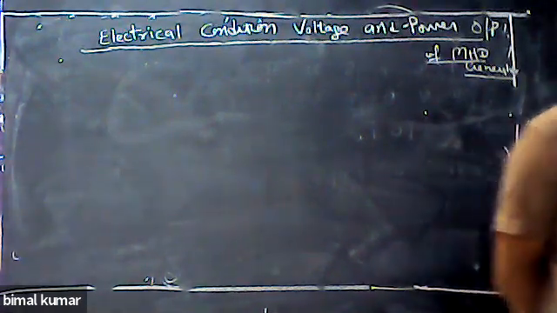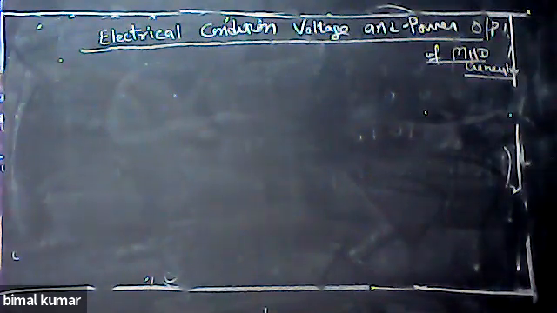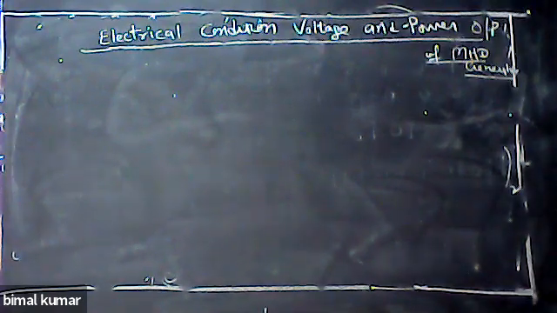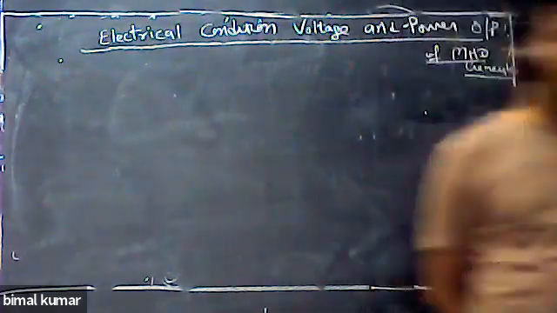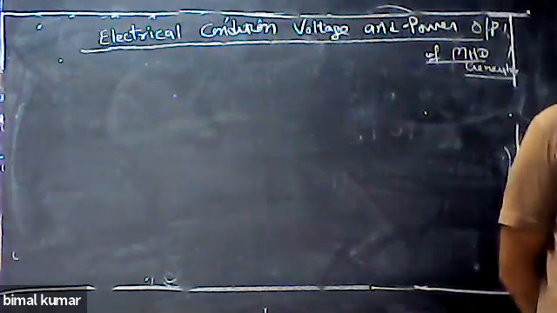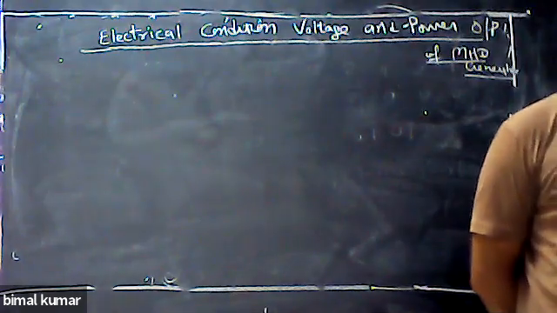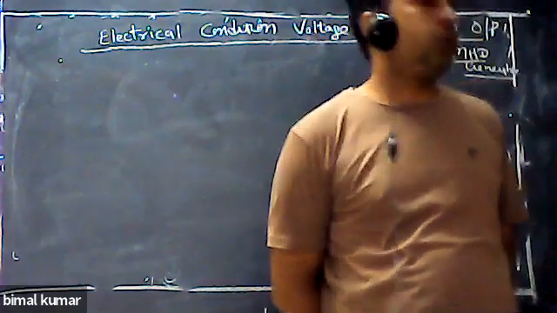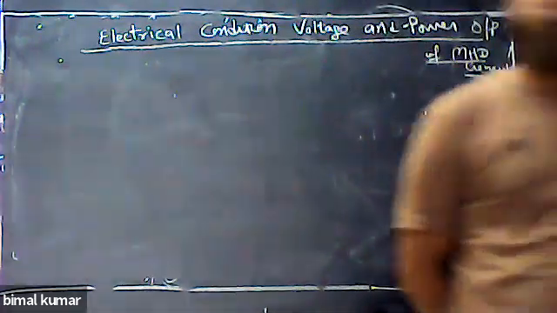So here we want some analysis of how much voltage and how much power is generated in the MHD generator. In the MHD generator analysis, let us assume a charged particle having charge Q moving with a velocity.